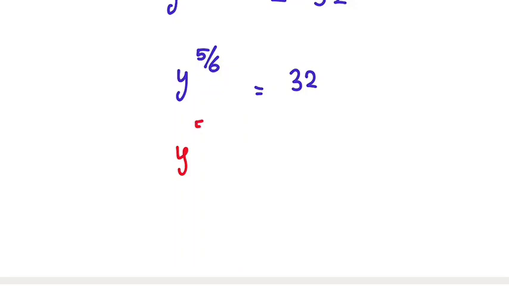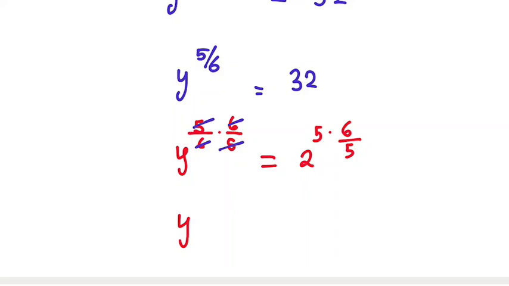That is y to the power of 5 over 6 by 6 over 5, like this. Then equals, 32 is the same thing as 2 to the power of 5 multiplied by 6 over 5. So we're going to have y. So you see that this 6 we cancel this 6, 5 we cancel this 5 here, we are left with y. Then y equals 2.